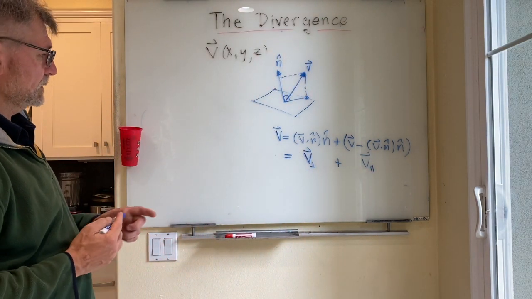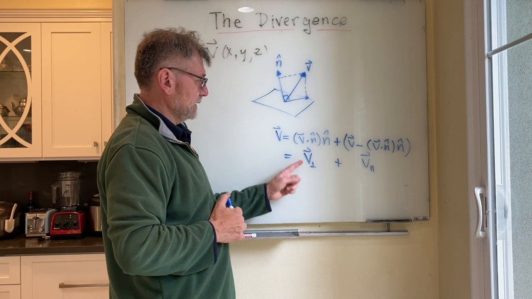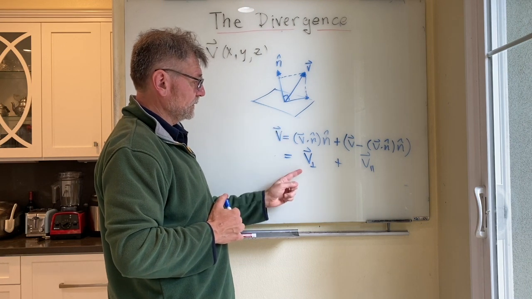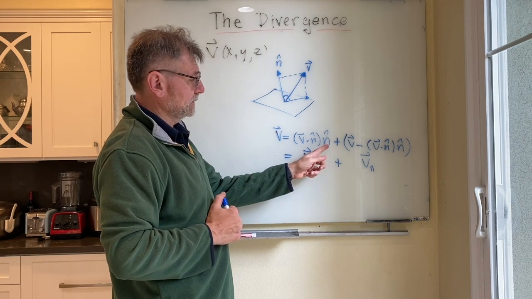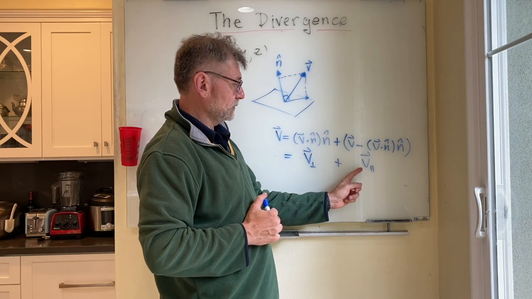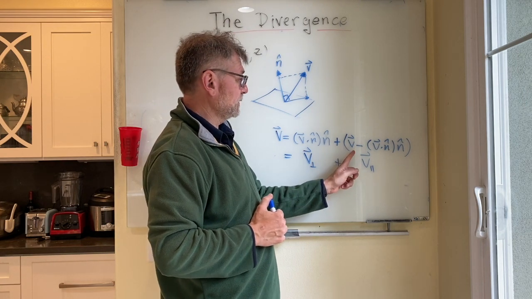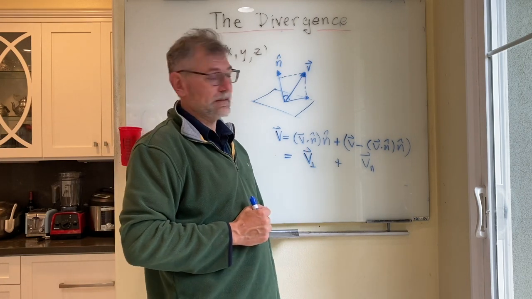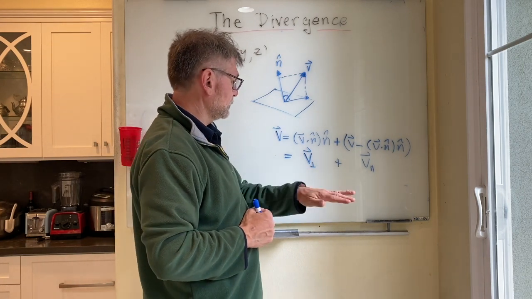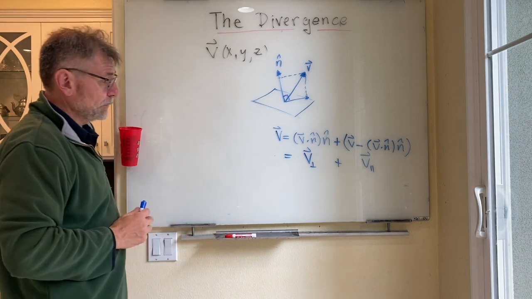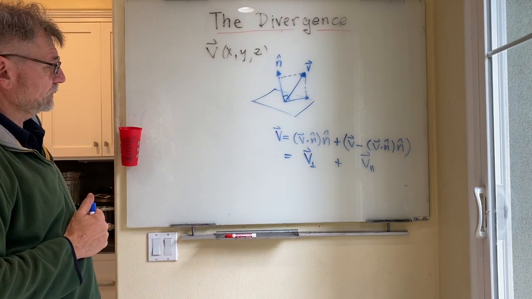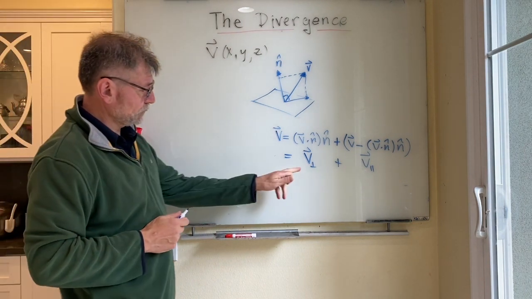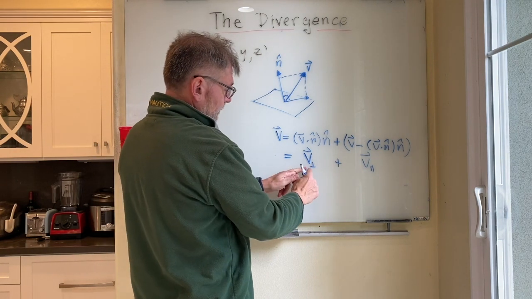Now, maybe this is a bit confusing. So this is the part that's perpendicular to the surface, but parallel to n hat. This is the part that's parallel to the surface, but perpendicular to n hat. So we have to be careful what we mean by parallel and perpendicular. Here I mean relative to the surface. All right, so if we want to get the flow through the surface, this one doesn't go through, so we just worry about this one.